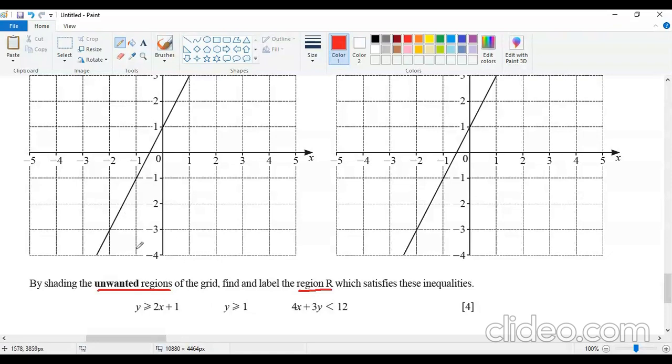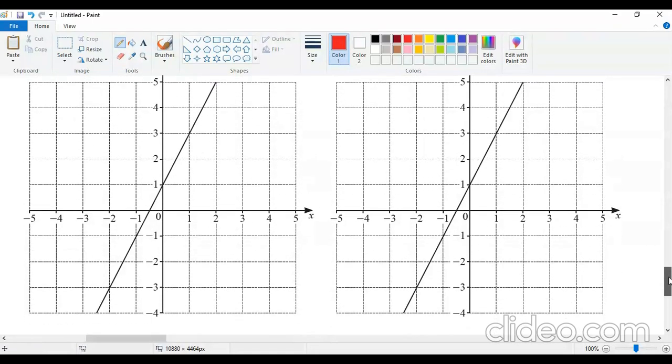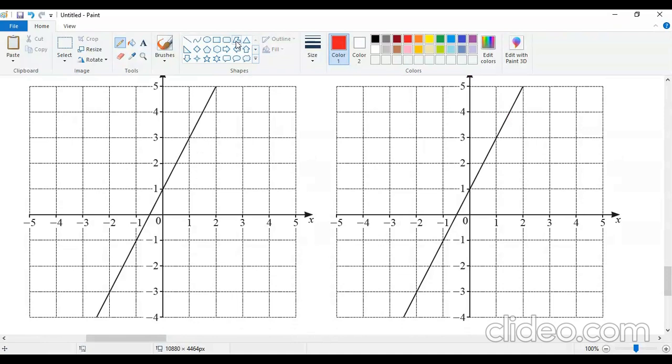Now first, this line is already there, but you need to shade the unwanted region. So it is y greater than or equal to. Greater than means everything above it. That means it's going to be something like this. Let me show you.